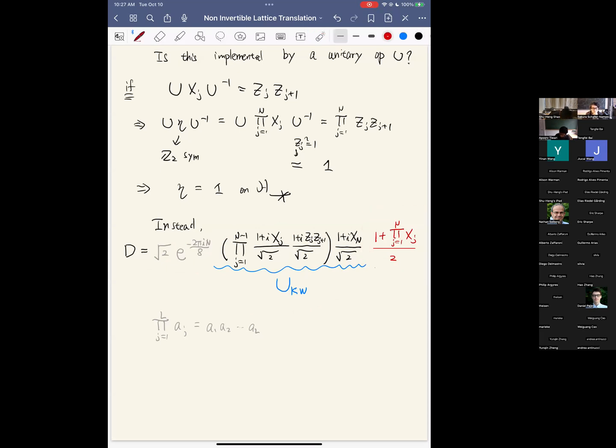This last term is a projection operator of the Z2 symmetry. Recall that the product of X is just the Z2 operator. So this is a projection down to the Z2 even subsector. So we already see that this operator does not have an inverse.